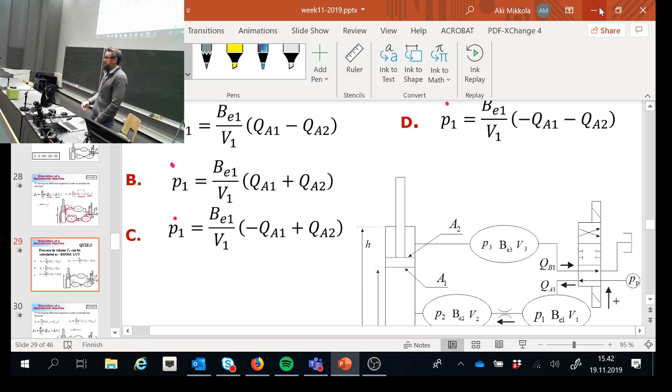And that's like serious cheating in my mind, so I'm not going to do that. But which one out of these 4 options is the correct one? Which is taking flow in the correct way and taking the flow out in a correct way. So it's all about the plus and minus signs.